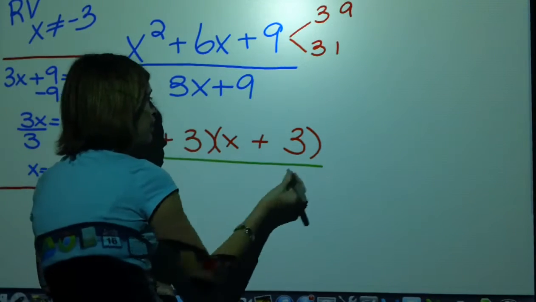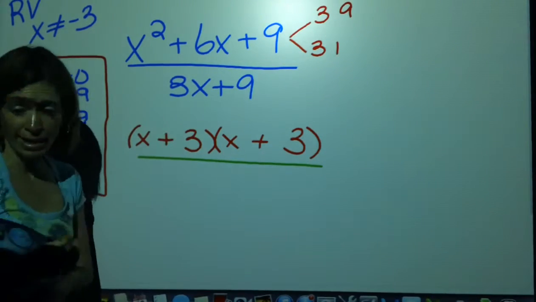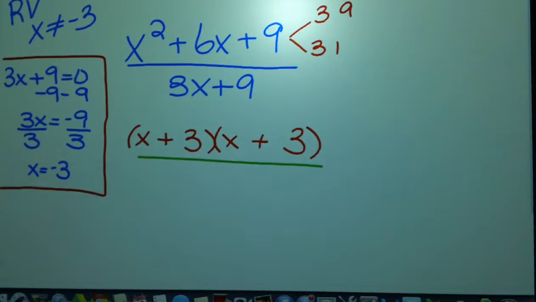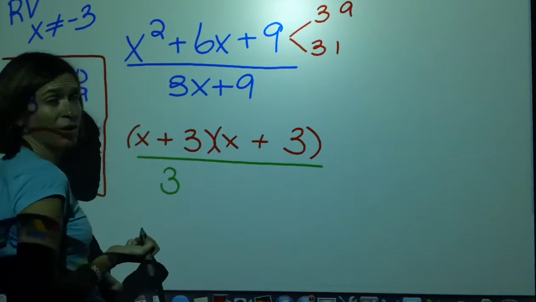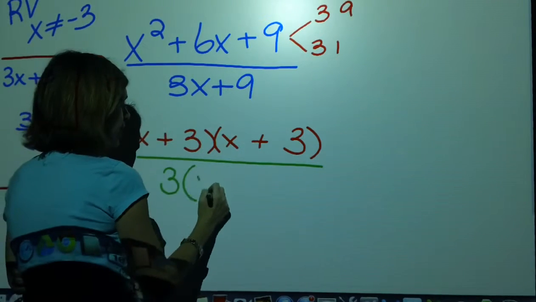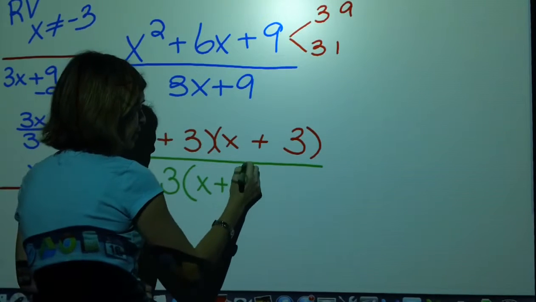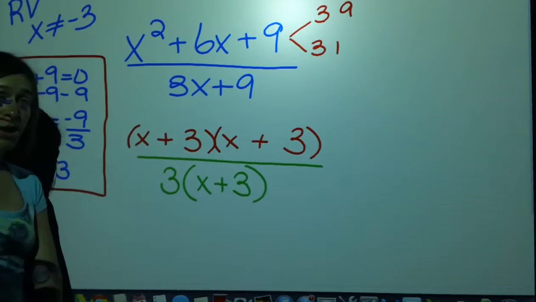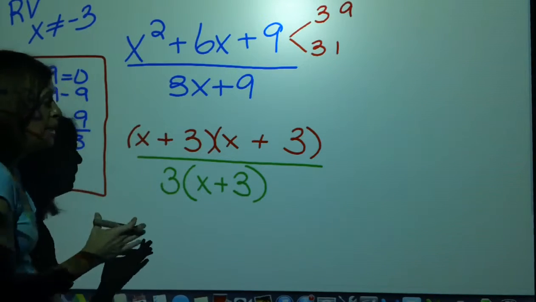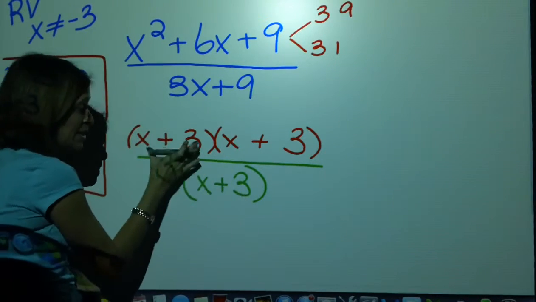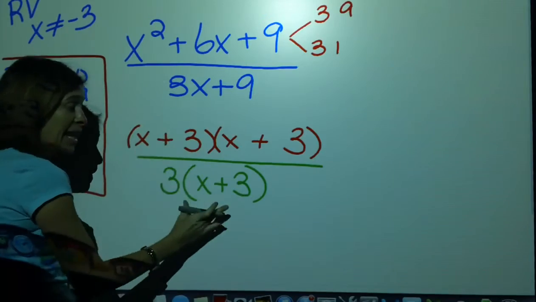All right, now we look at the bottom. I look at it and I say, can I factor anything out? I can. I can factor out a 3. If I factor out a 3, I'm left with x plus 3. Okay, so now I have equal expressions over equal expressions. You are allowed to cancel as long as the expressions are exactly the same.